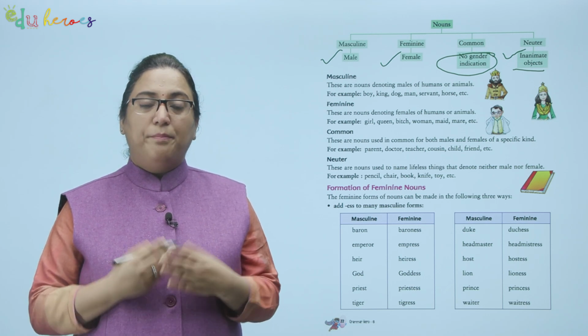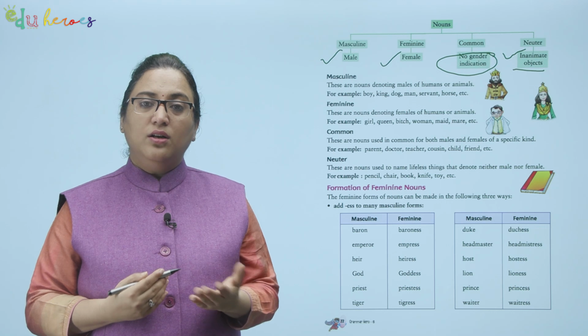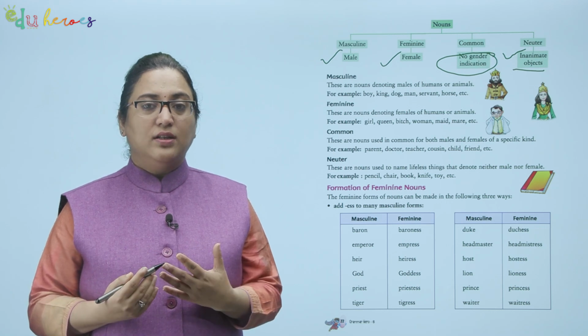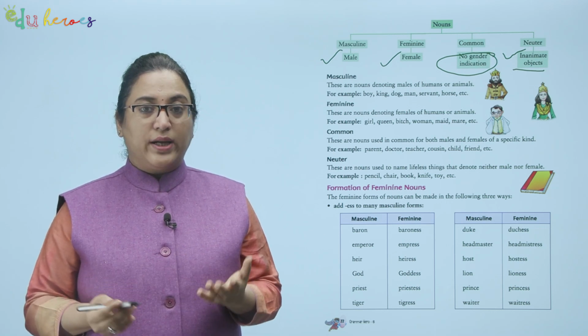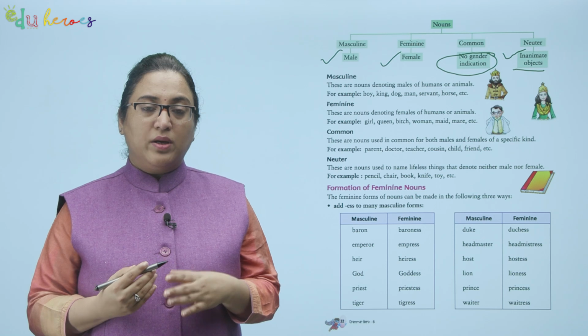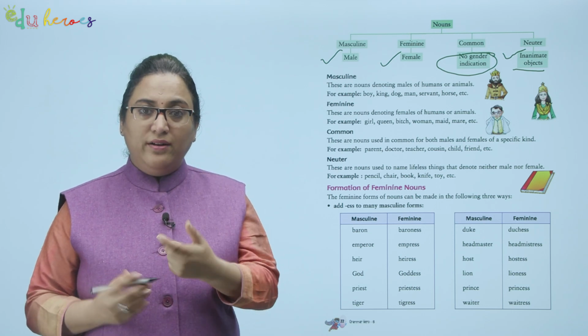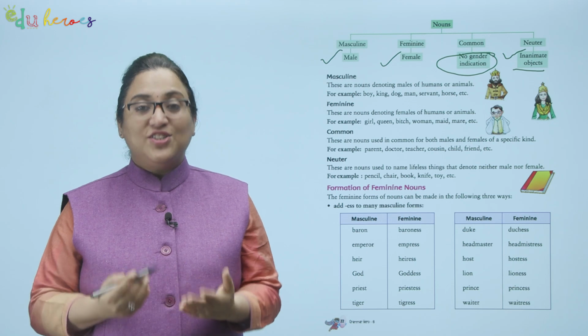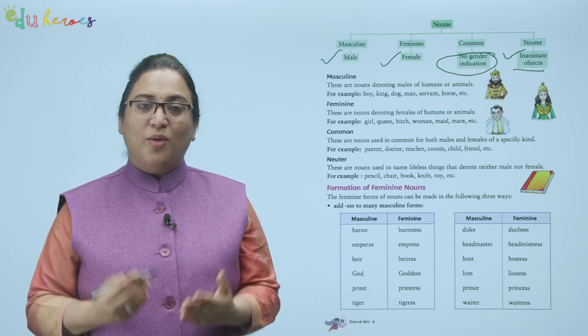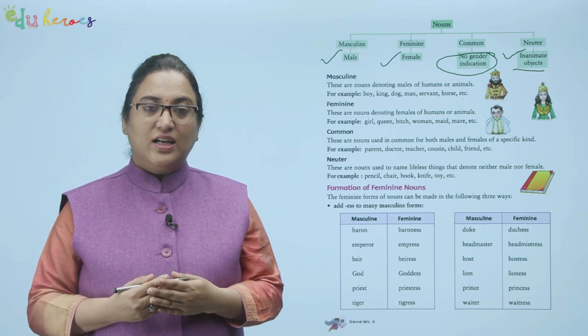For example, parent, doctor, teacher, cousin, child, friend, etc. So one teacher could be a male teacher or a female teacher. So the common word for both is teacher. That's why common noun.